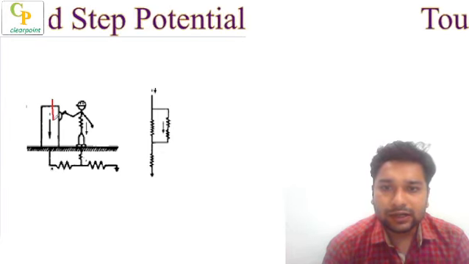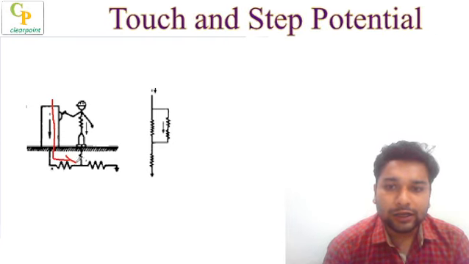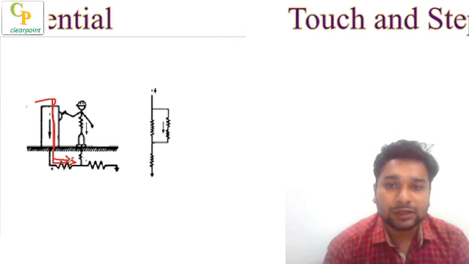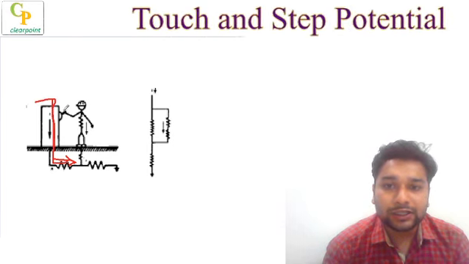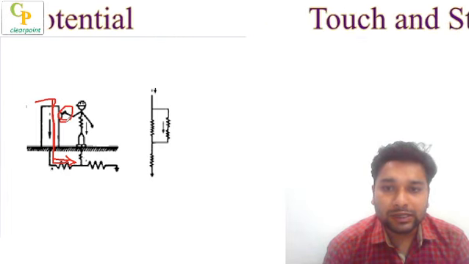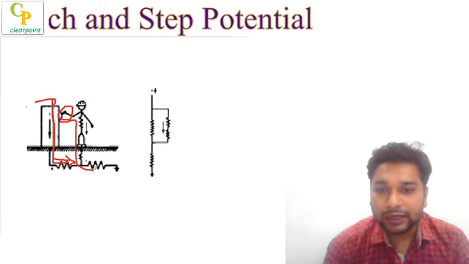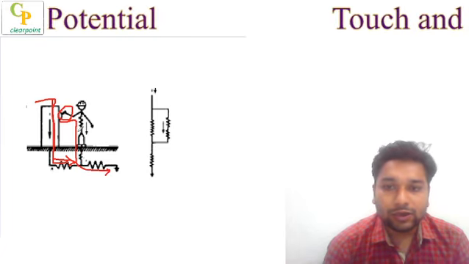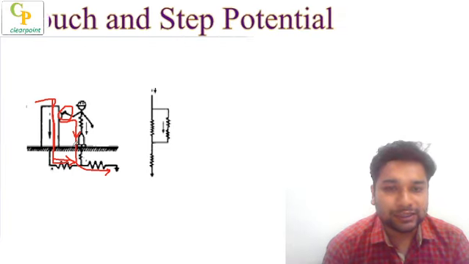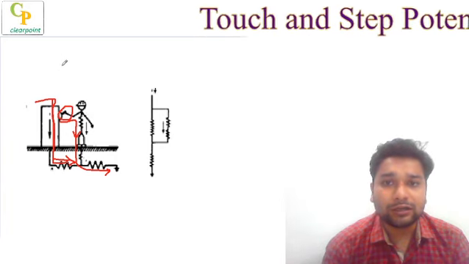So this is the faulted equipment which is having a current flowing through it. It is earthed, but the faulted current is flowing through the system. Now we are having a touch with this particular equipment at this particular point, and the body offers some resistance which is less, and hence more current flows through the body, and then it goes to the earth. So in this way we get a touch potential, or a shock through a touch. So this is called a touch potential.